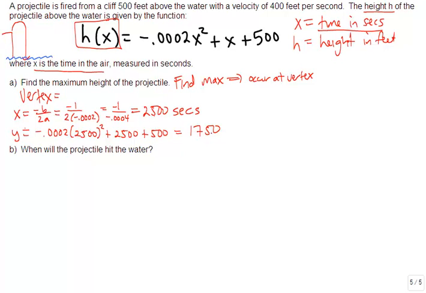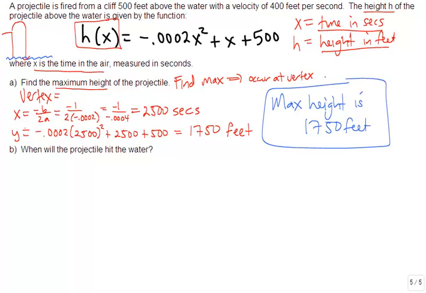So this 1750 is actually h, and h is height, measured in feet. So this is 1750 feet. So which of these two numbers is the maximum height of the projectile? It's got to be this 1750. So our maximum height is 1750 feet. So that's our solution to part A.